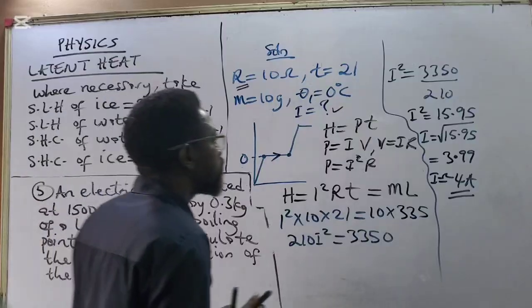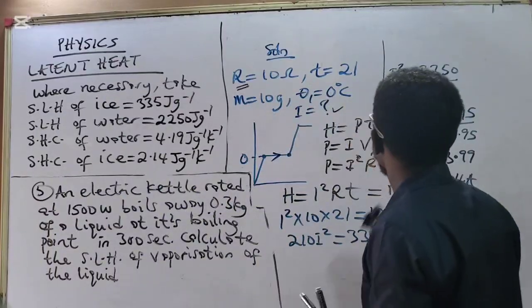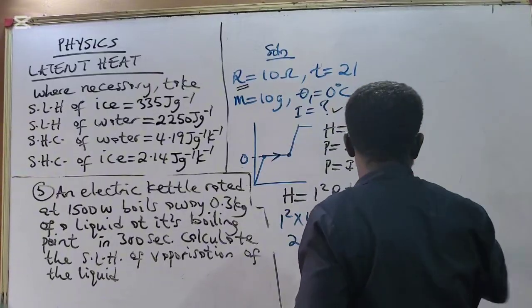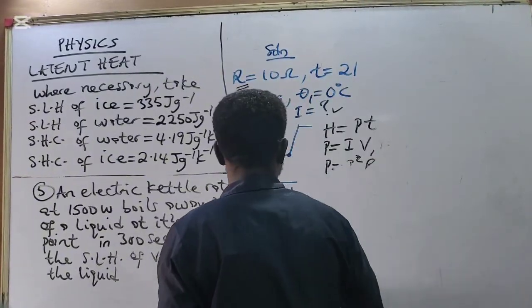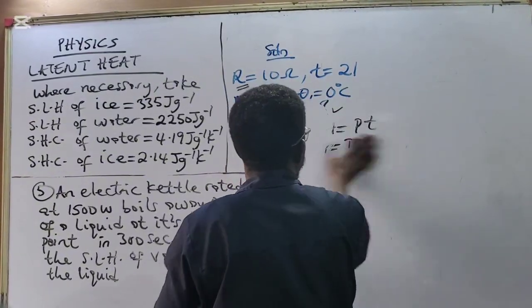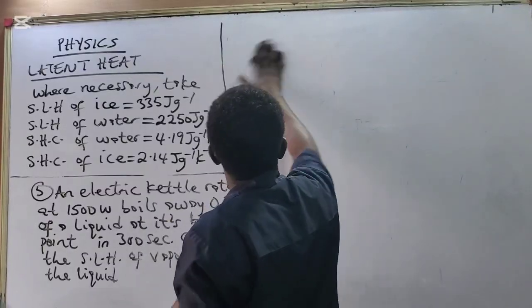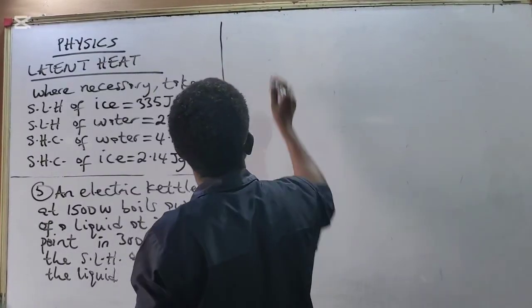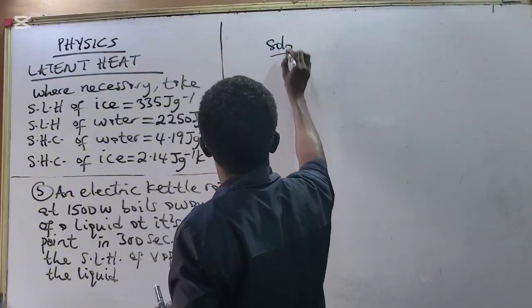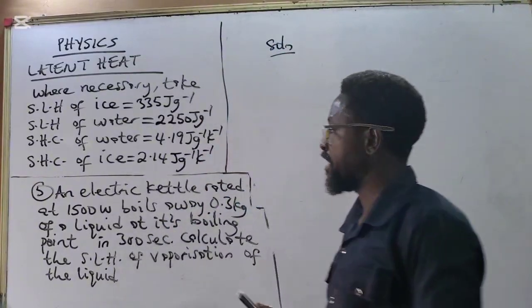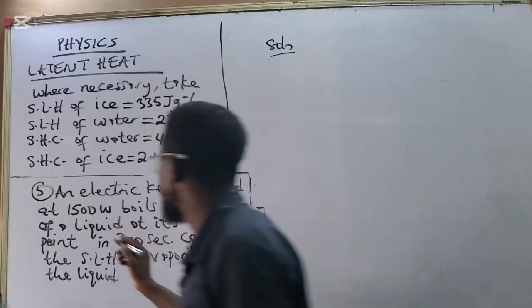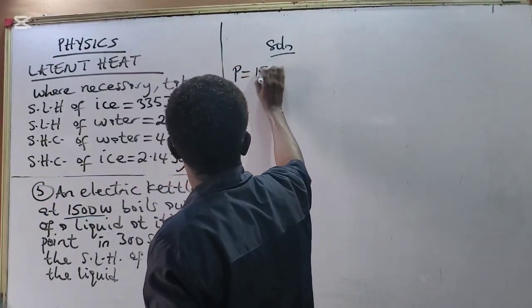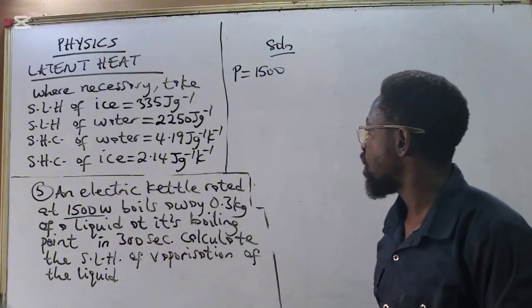Okay. That's the question. Let's see how we can do that calculation. An electric kettle rated 1,500 watts. That speaks of power. 1,500 watts.